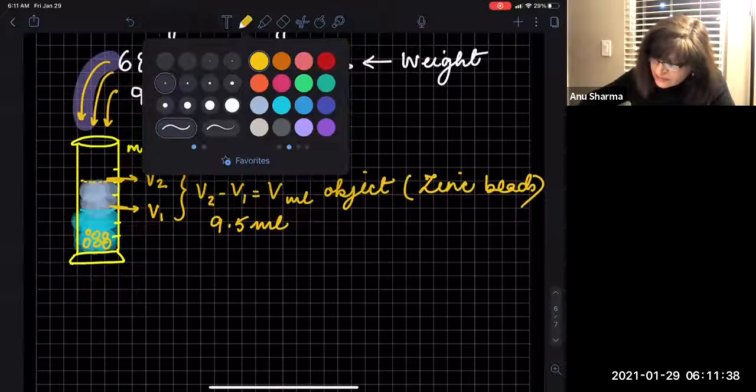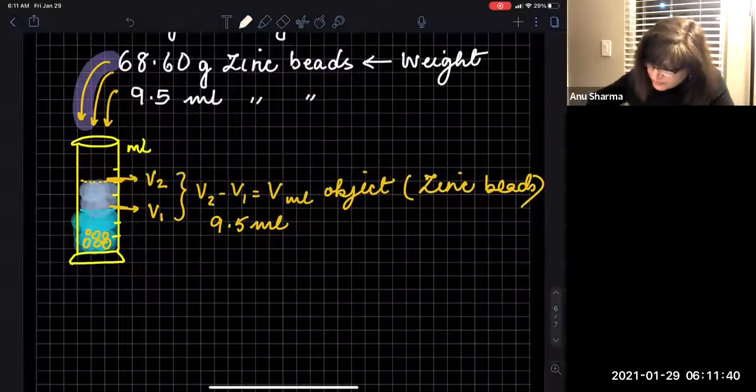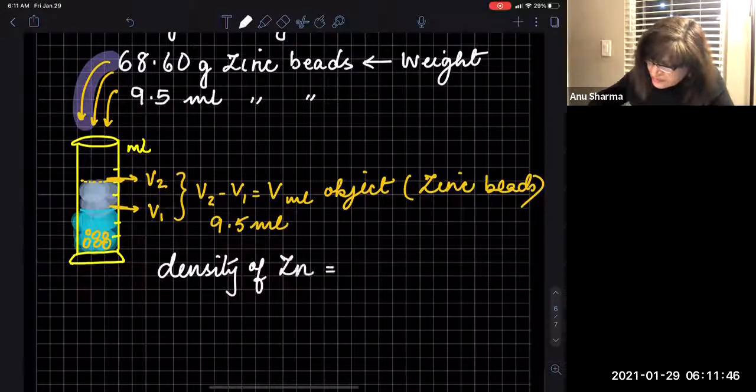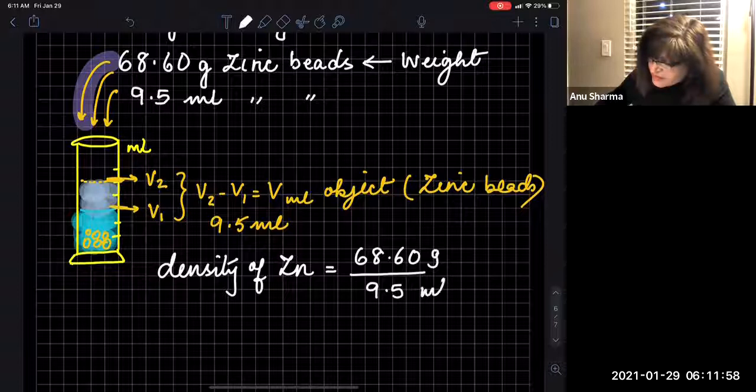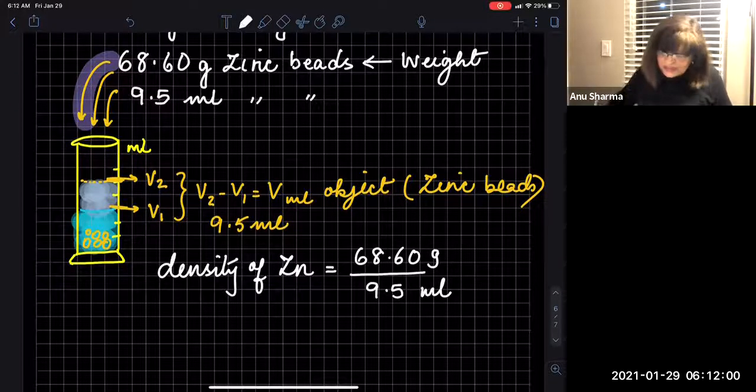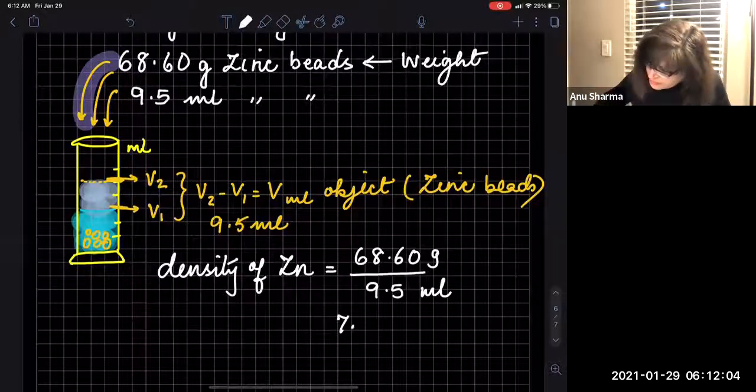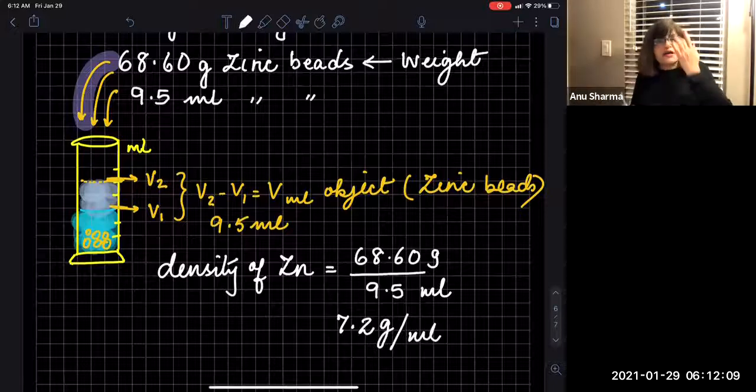The density of zinc is 68.60 grams divided by 9.5 milliliters. The answer comes out to be 7.2 grams per ml.